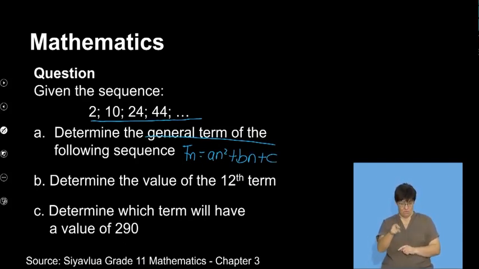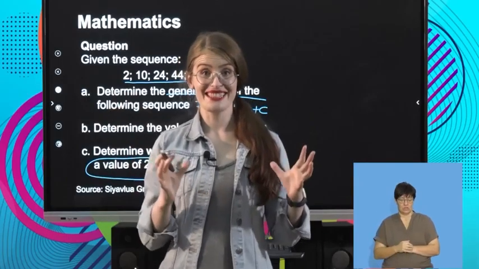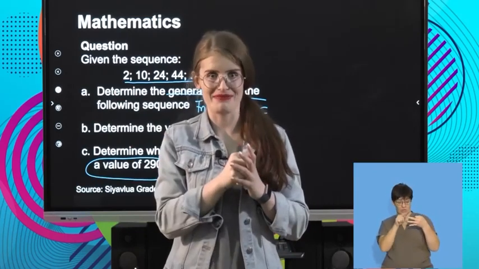We're then going to determine the value of the 12th term. Then we're going to determine which term will have a value of 290. So we have a pattern and 3 specific questions about that pattern.